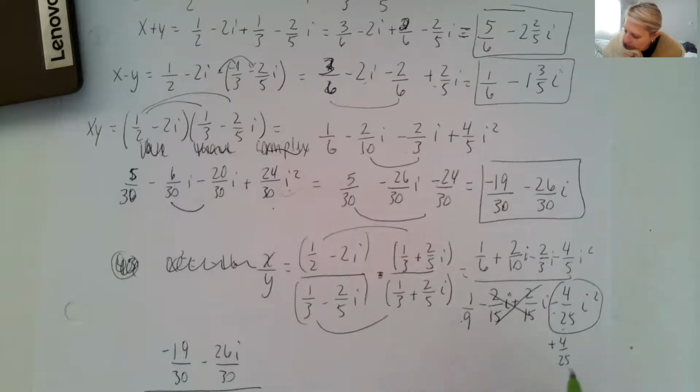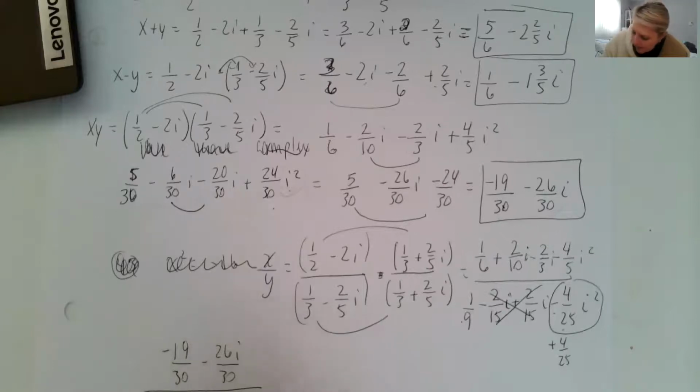So 25 times 9 is 225. So this would be 25/225 plus 36/225.